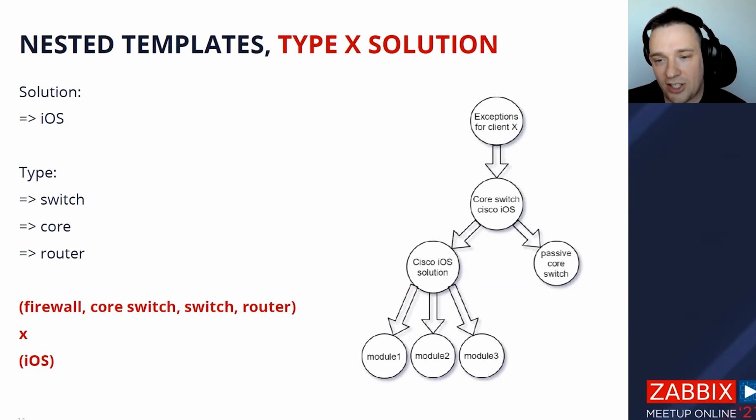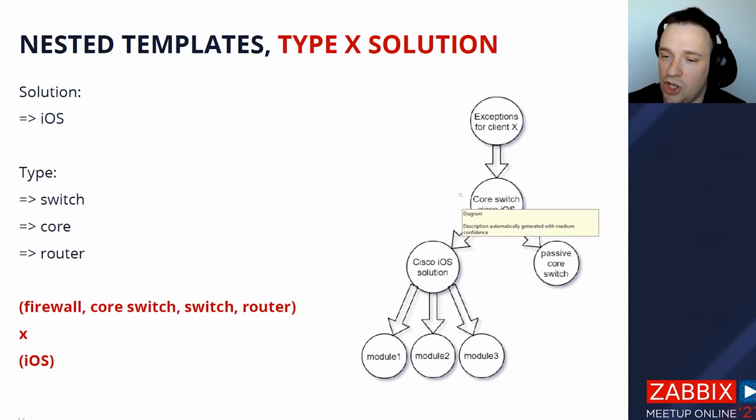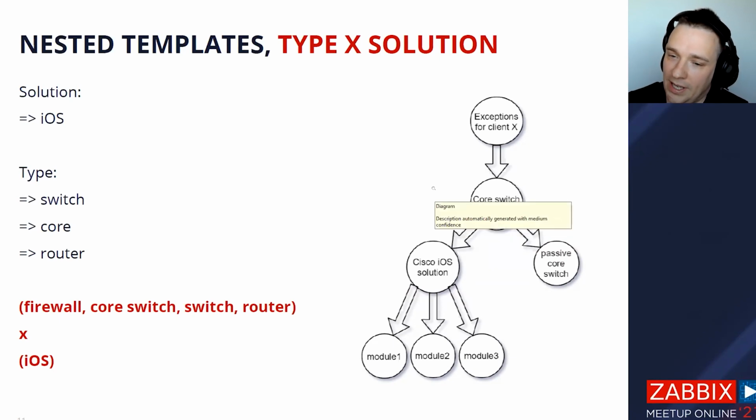In order to apply this solution, we need a separate parent which will say this is for the core switch, this is for the firewall, this is for the edge switch, and there will be more templates.